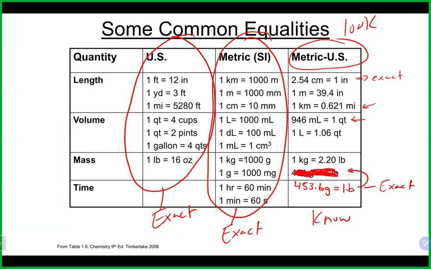So if you were using, for example, this conversion here, which is English to metric or metric to English, that would give you these two options here: 946 milliliters is 1 quart, or 1 quart is 946 milliliters. If you use this in a calculation, you would need to look at the significant figures in this conversion factor.